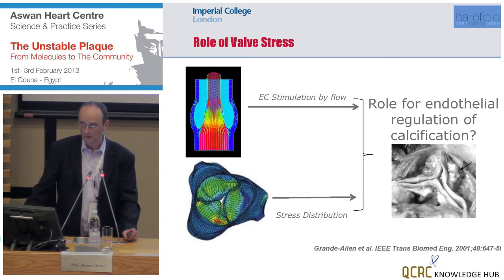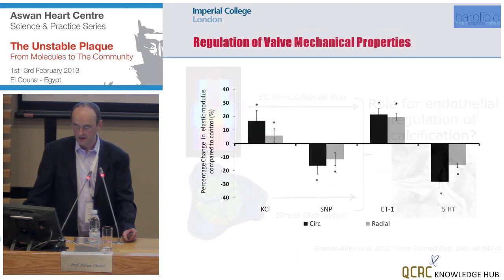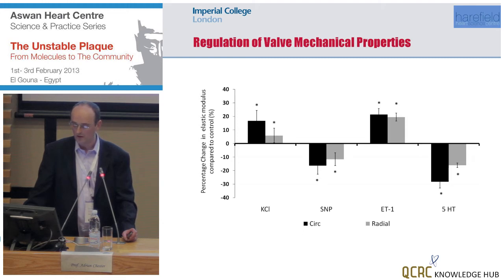Again, Ismail, when he was at Harefield, also went on to look at how the endothelium may in fact be linked to stress distribution, since these calcification nodules seem to occur where there are high levels of stress within the valve. And in fact, he was able to show that if you added sodium nitroprusside, which is a nitric oxide donor, or 5-HT, which releases nitric oxide from valve endothelium, this was able to reduce the stiffness of the aortic valve tissue.